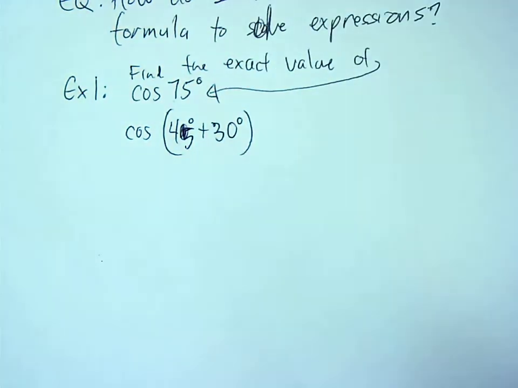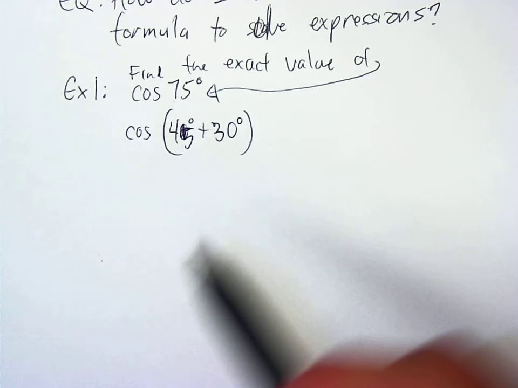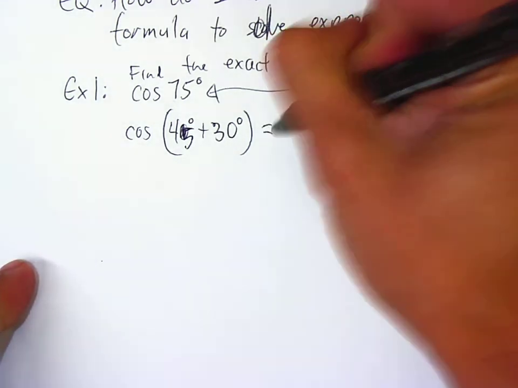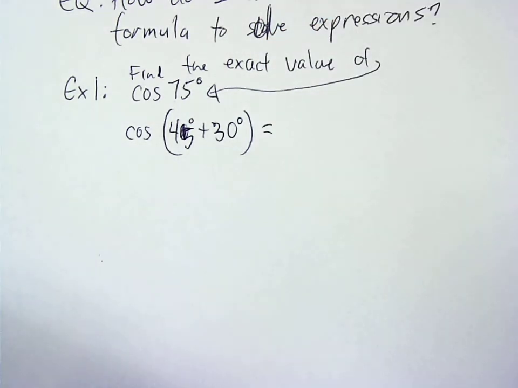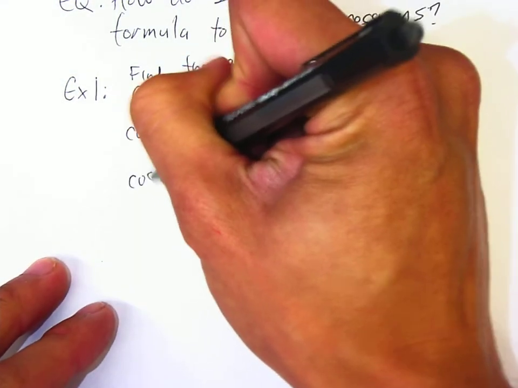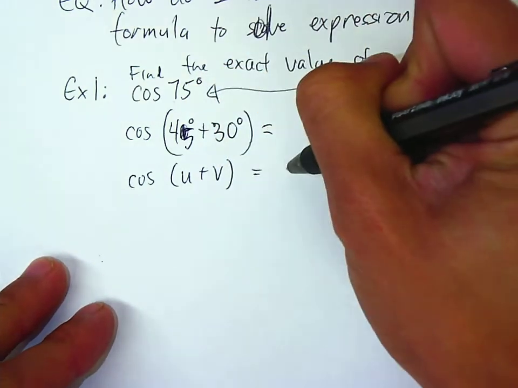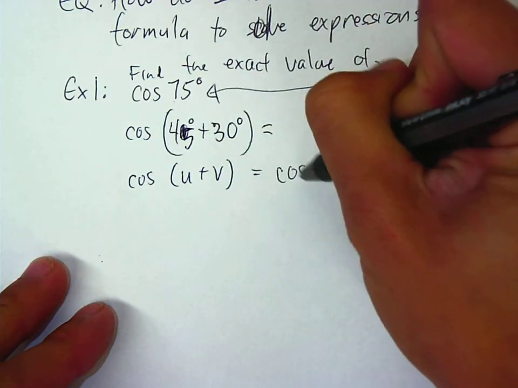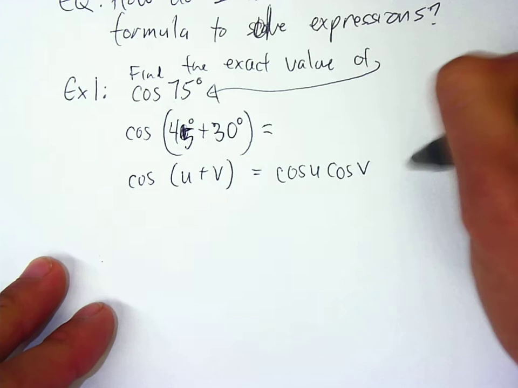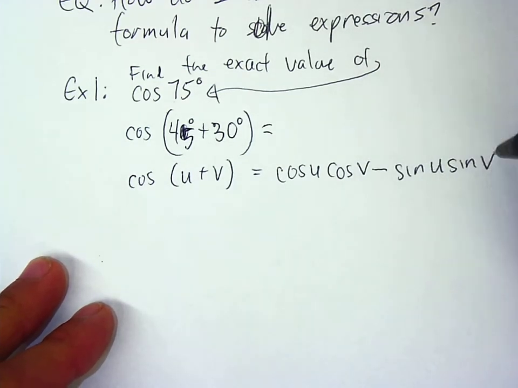Good. So the cosine of 45 plus 30 degrees is 75, and I have a formula for cosine of 45 plus 30. I'm going to look on my sum and difference formula and just follow it. So I'll write it under the first one. It's cosine of u plus v equals the cosine of u cosine of v minus sine of u times the sine of v.